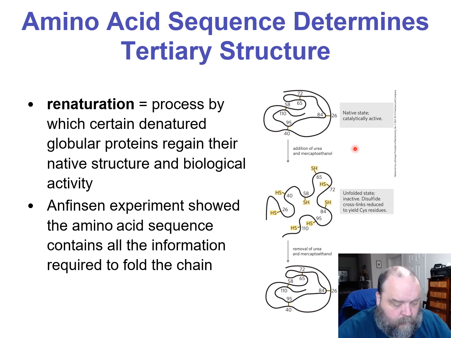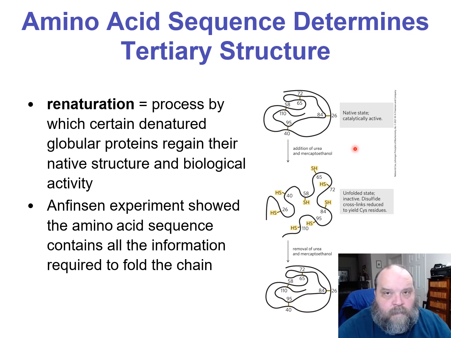There have been certain groups, the Anfinsen experiment they show here, where they can get this renaturation even if it's completely denatured and those disulfide bonds are broken. If I remember correctly from reading about this experiment, they had to go through some extremes to get this to happen.